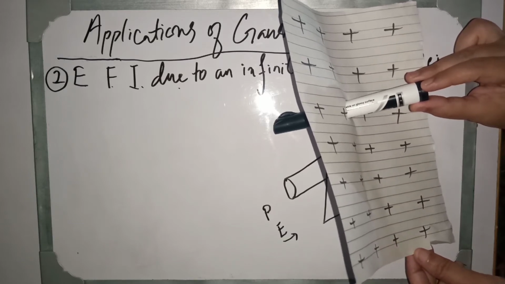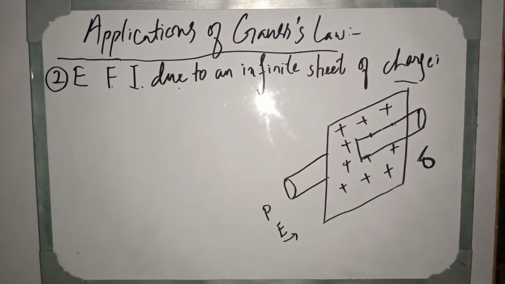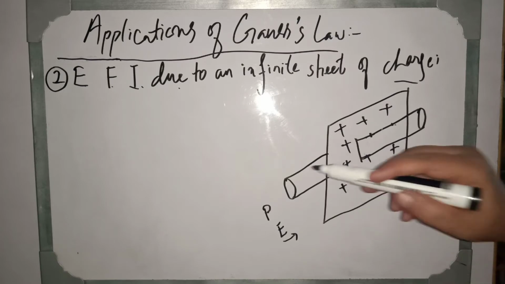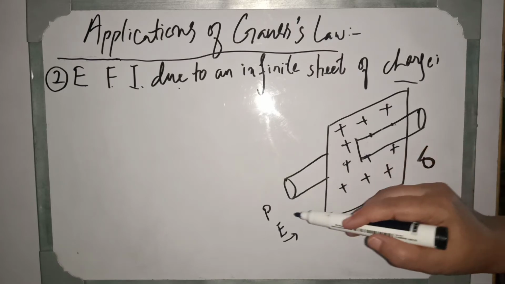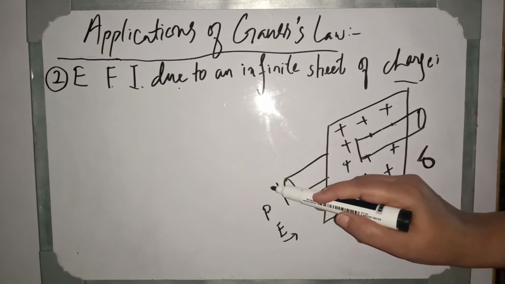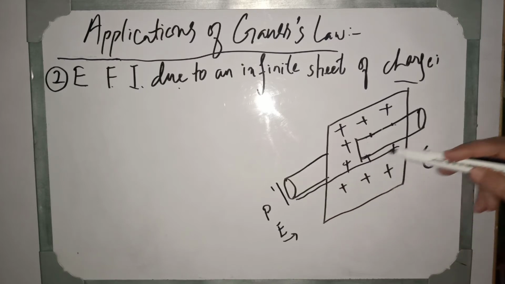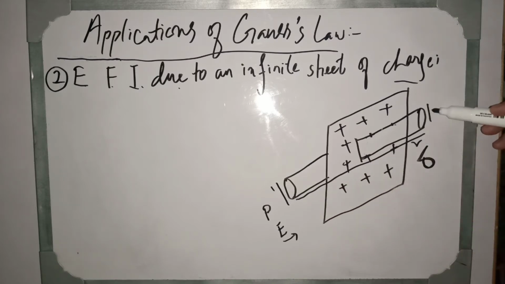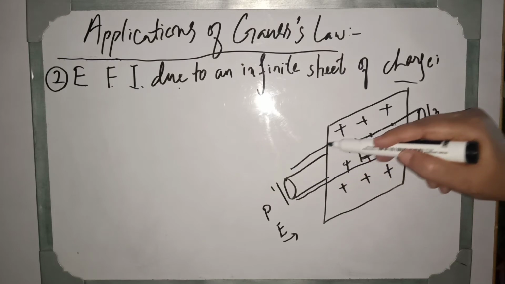Okay, now I want to find the electric field intensity, because in all the applications of Gauss's law, at the end we need to find the electric field intensity. This Gaussian surface contains four surfaces. Suppose this is surface 1, this is surface 2, this is surface 3, and this is surface 4.